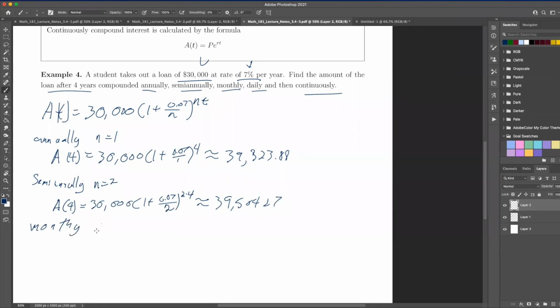So notice as we do this, the amount goes up. Even though it's the same interest rate per year, the more you compound it, the more it becomes.